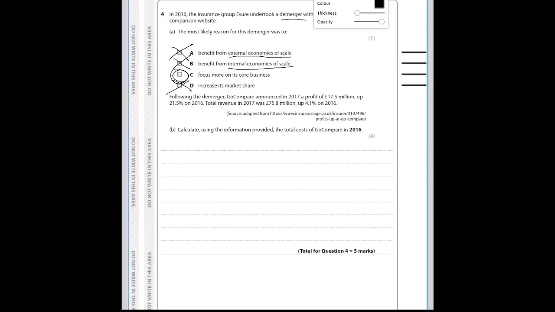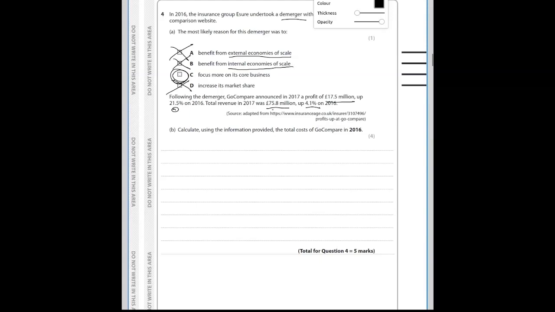B says, calculate using the information provided the total costs of GoCompare in 2016. Okay, so we've got a profit here. Okay, we've got a percentage up 26.5% on 2016. Total revenue was 75.8 million, up 4.6% from 2016.